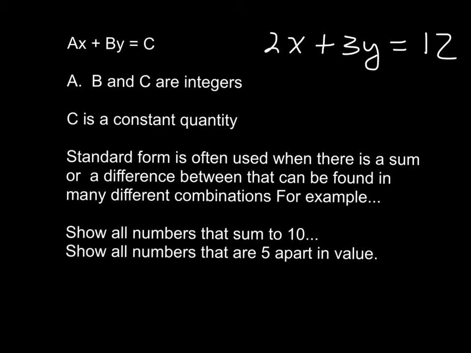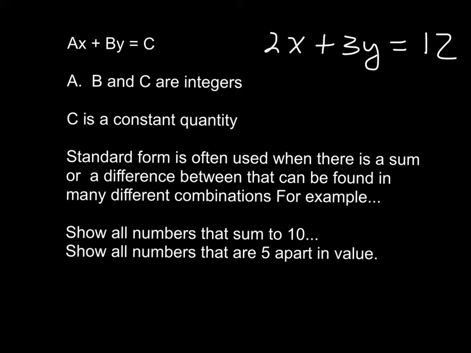In standard form, the landmarks are a, the coefficient of x, b, the coefficient of y, and c, a constant amount, a constant sum or difference. You might want to make a note of that. A, b, and c will all be integers when the equation is properly shown in standard form.